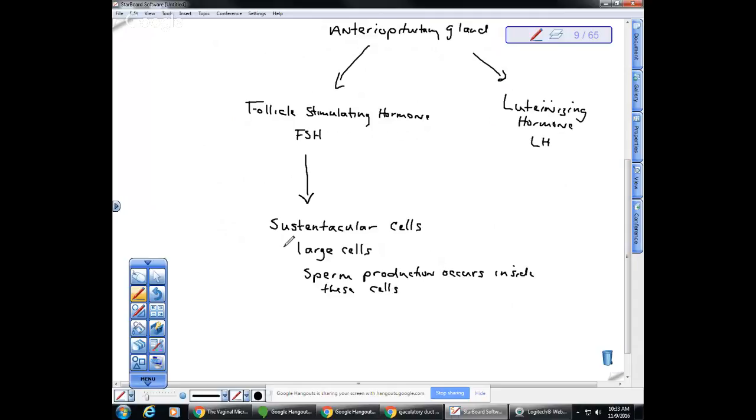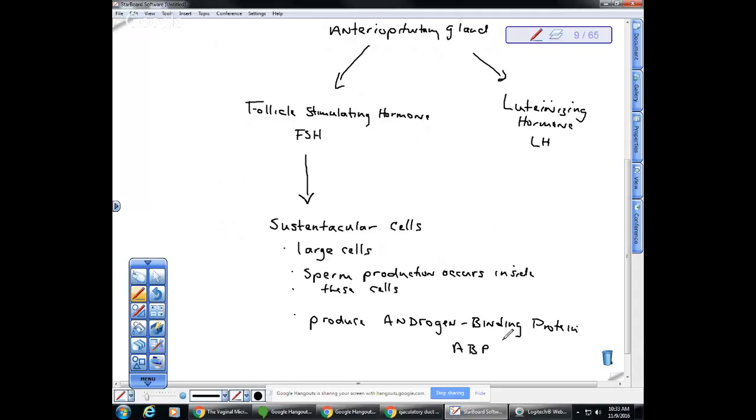Okay, so the sustentacular cells produce androgen binding protein. This is abbreviated as ABP. What this does is increase testosterone levels within the sustentacular cell.